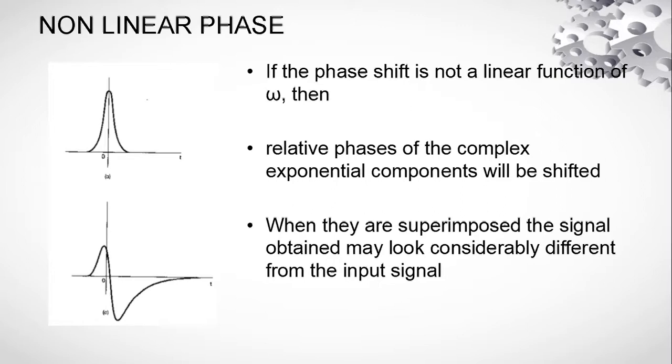In case of nonlinear phase, the relative phases between these components are shifted, and they are not shifted in a particular manner. Now when these components are superimposed, the result completely differs from the original signal. As you can see in the figure, the shape has completely changed. It doesn't look anything like the original signal.